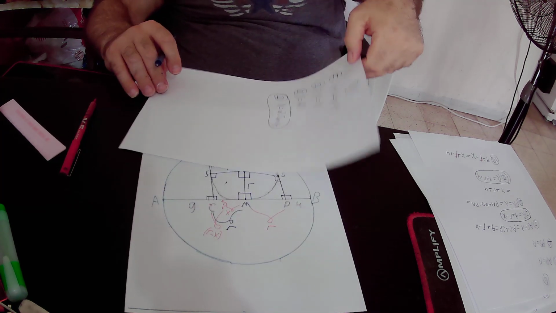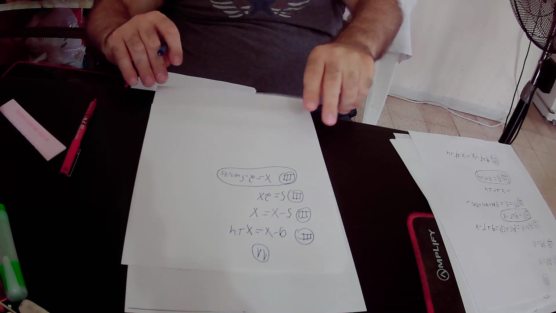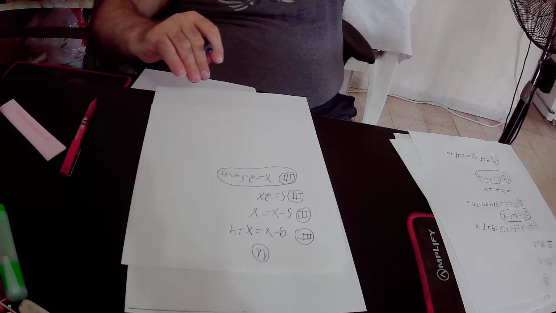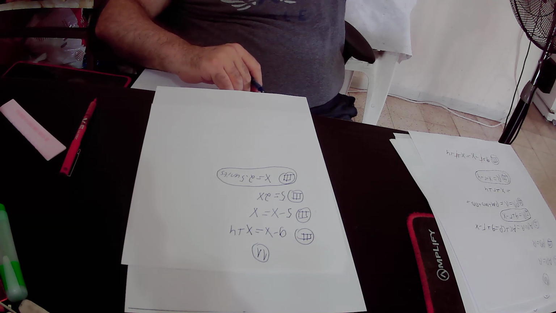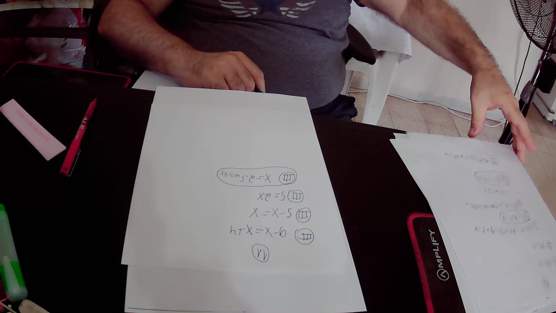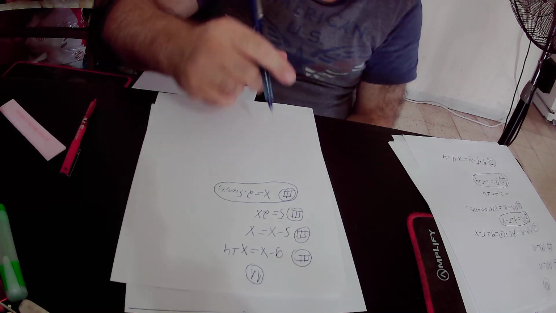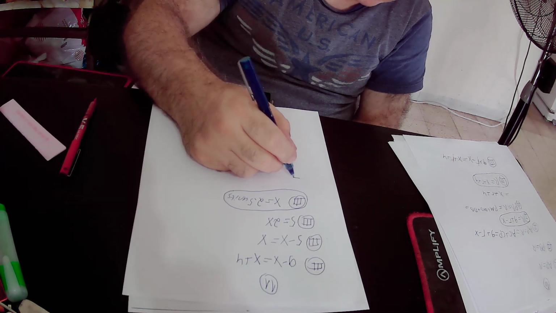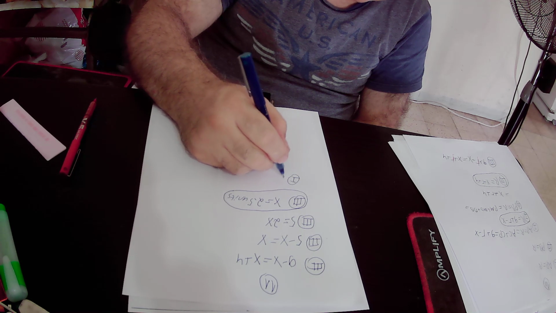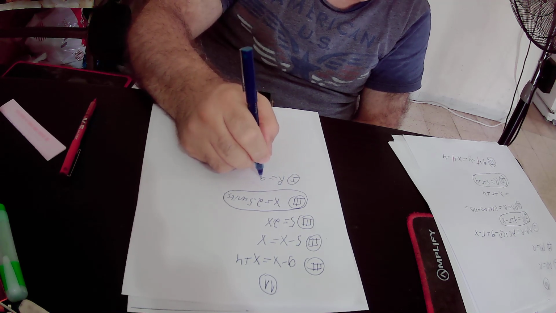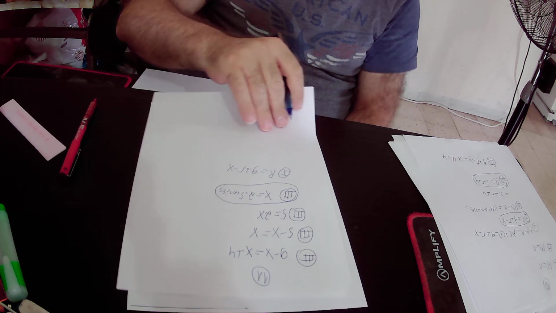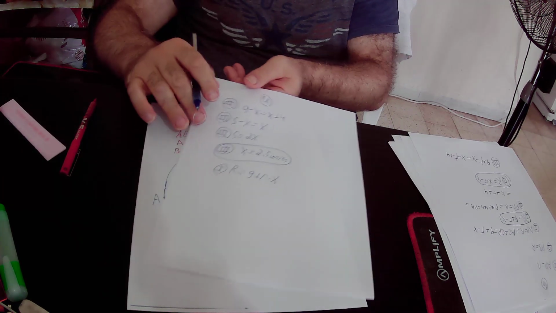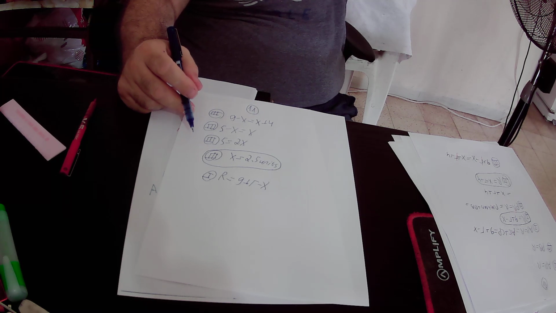After we know the value of x, we can substitute x in equation number 1 by 2.5 units. We have equation number 1 that states that capital R equals 9 plus small r minus x.